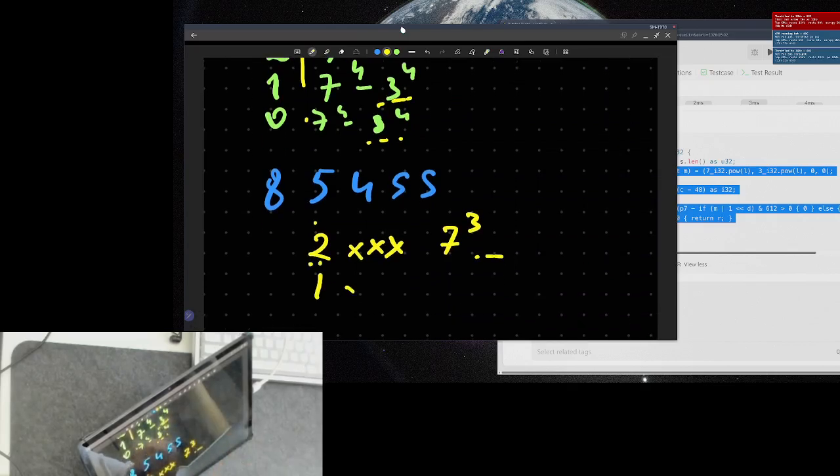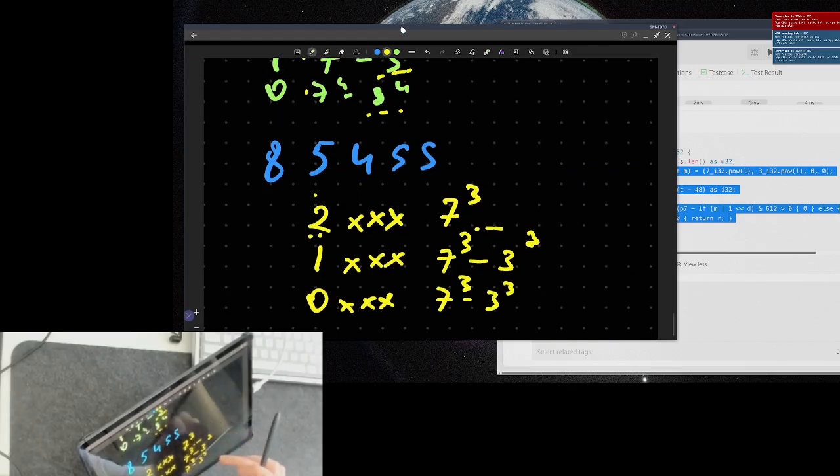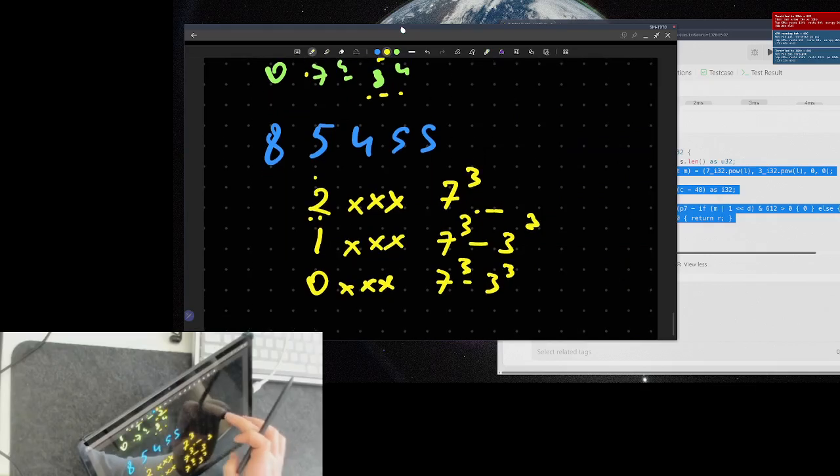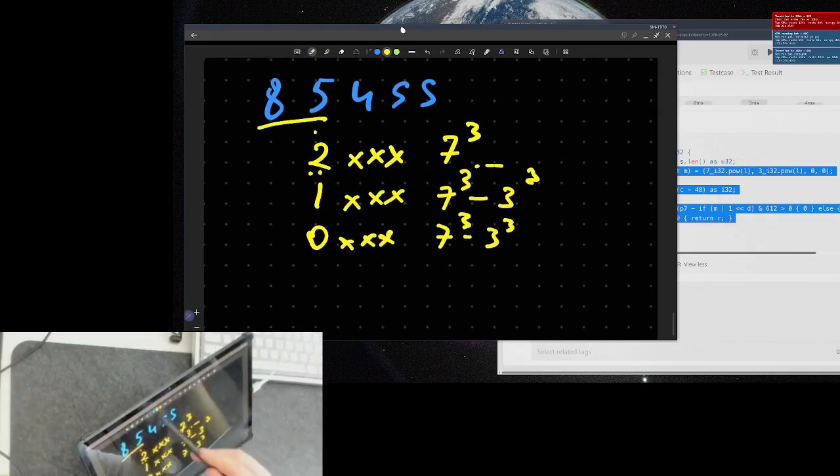Now 1 is 7 to the power of 3 minus 3 to the power of 3, and 0 the same. This is how many numbers we have in this range, and we have prefix of 8, 5.